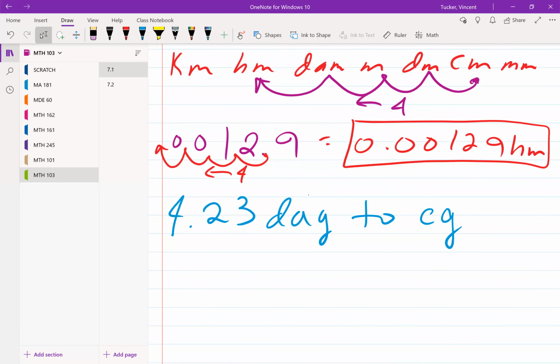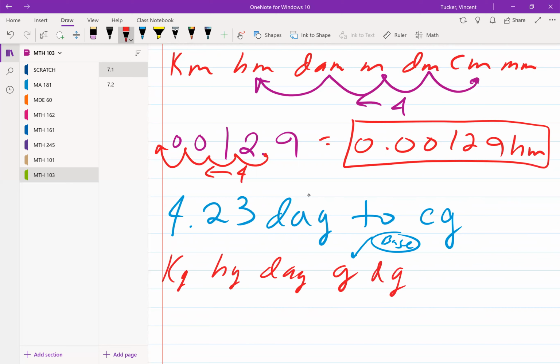So this time when I rewrite the order, it's going to be kilograms, hectograms, decagrams, grams. Don't forget, that's your base. Decigrams, centigrams, milligrams.